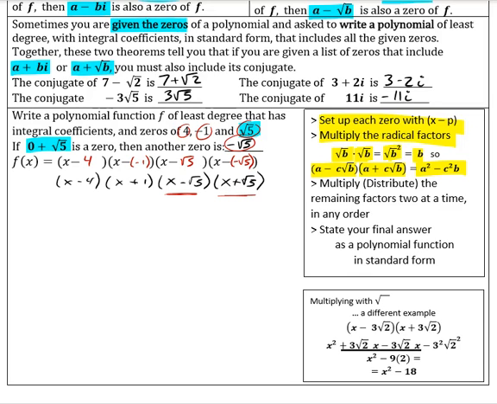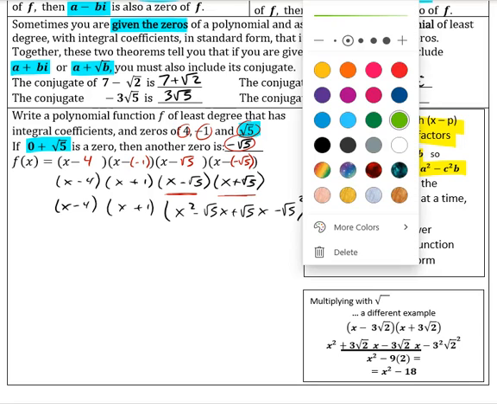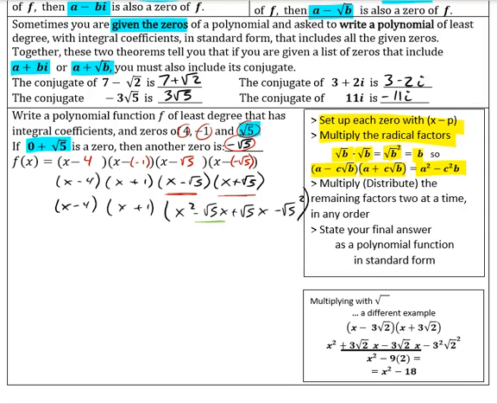I can do the distributing method, and that would give me x minus 4 here, x plus 1 here, then x squared minus radical 5x plus radical 5x minus radical 5 squared. This can simplify because a negative radical 5x and a positive radical 5x just cancel. Then I can simplify this piece here.